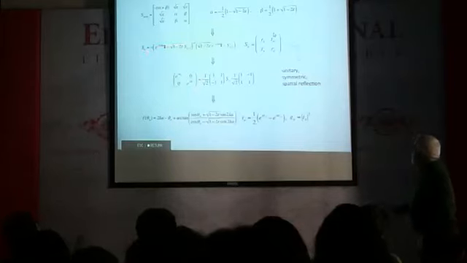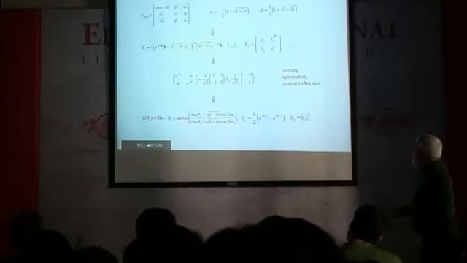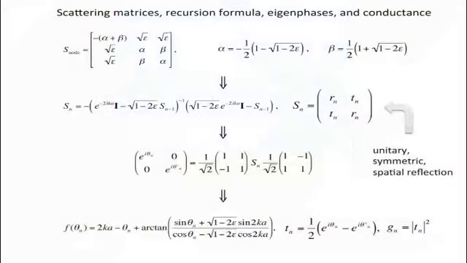And this gives us an expression for how the phase theta sub n changes according to this recursion relation. And with that, one can obtain the transmission coefficient, and one can obtain the conductance, Landauer's formula.